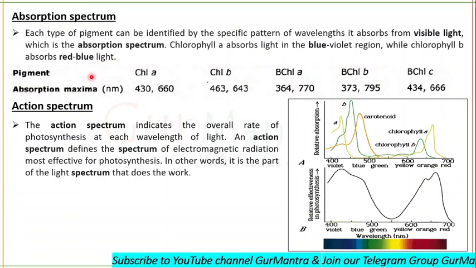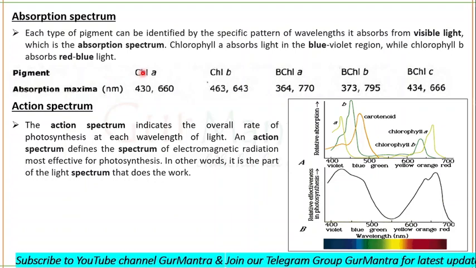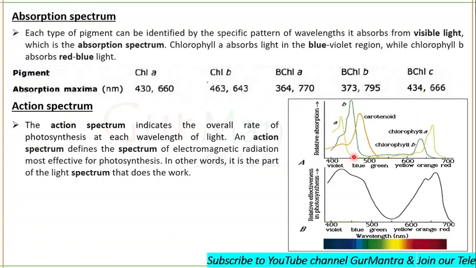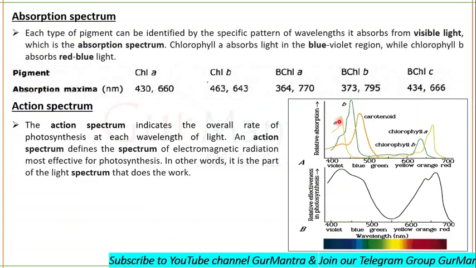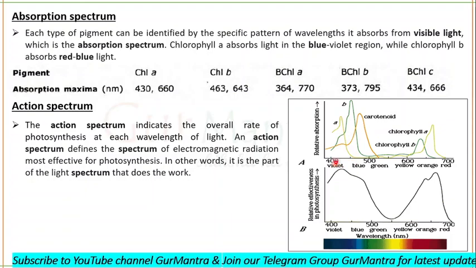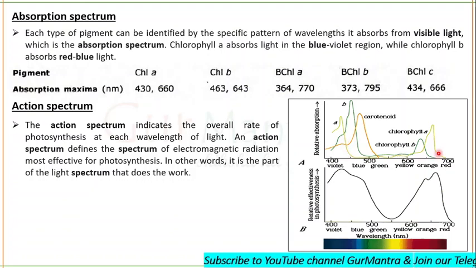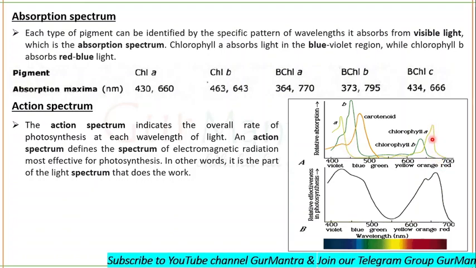This is the pigment chlorophyll a. Okay, and we can see at chlorophyll a, this is 430. Okay, this is 450, and you can see a peak before 450. This is chlorophyll a showing a peak at about 430, and again a peak at about 660 nanometer.